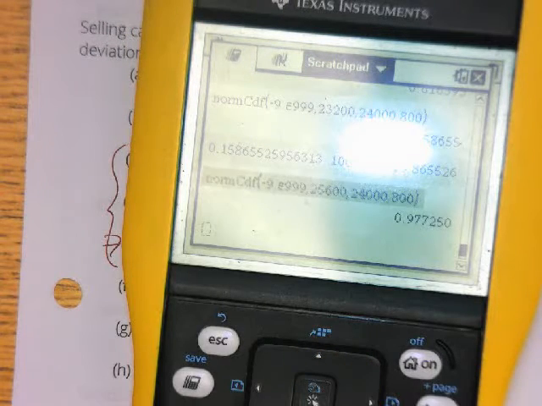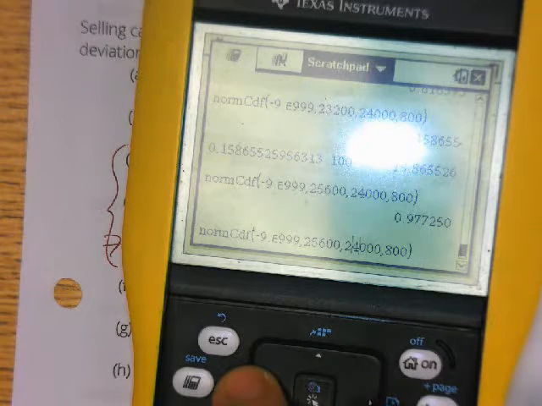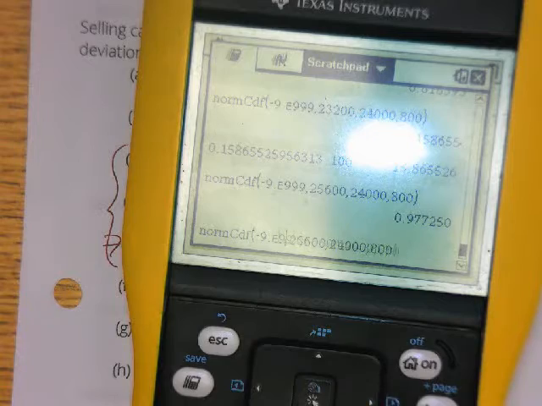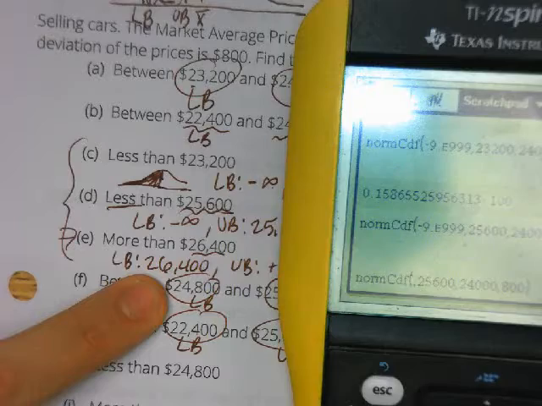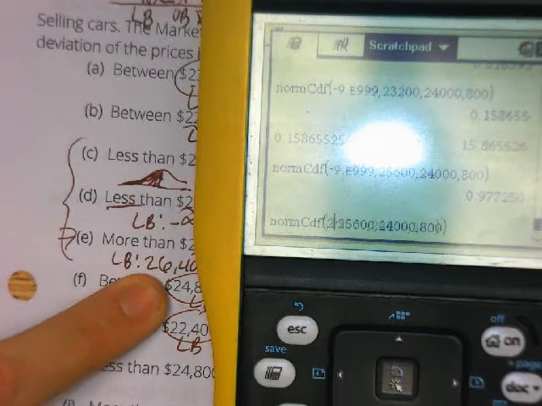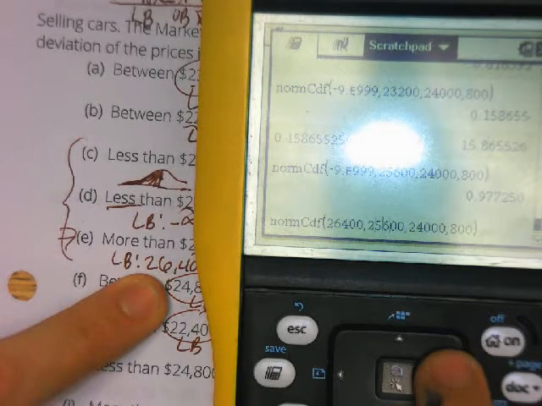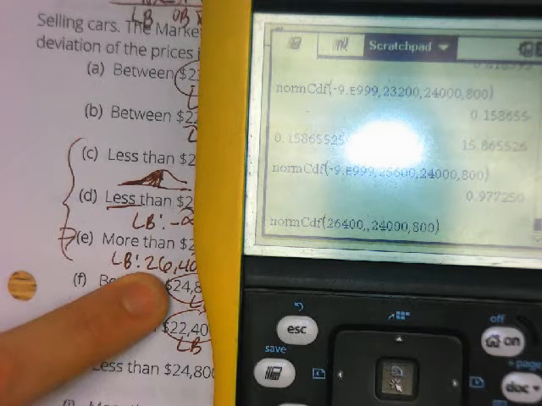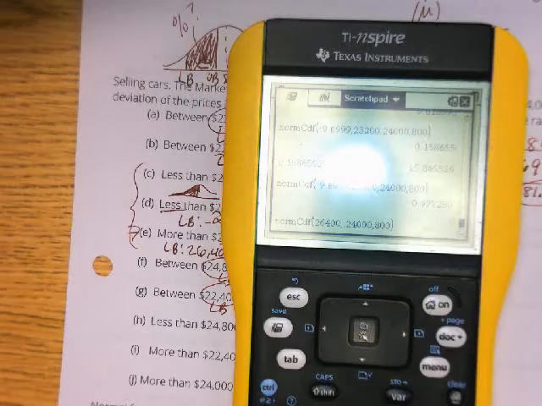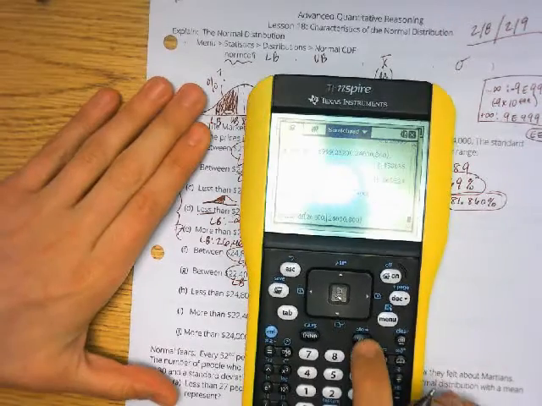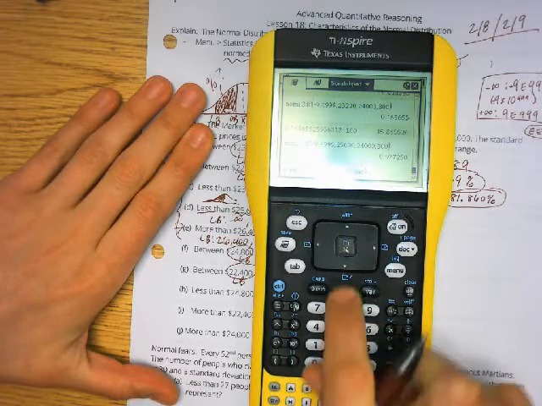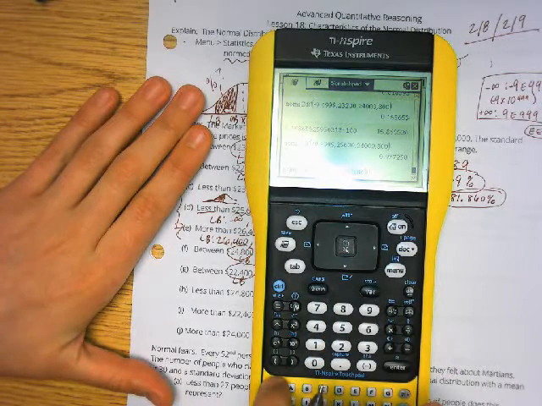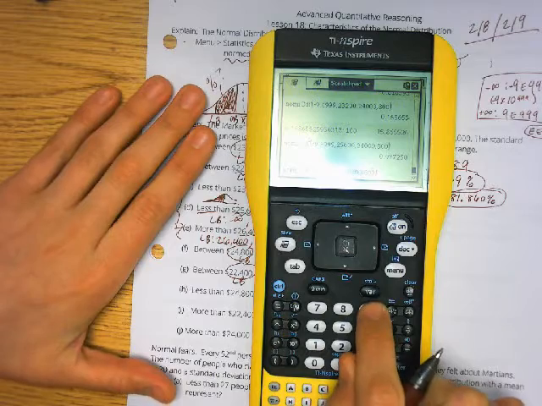So let us change the numbers. Our lower bound, I already forgot, 26,400. My upper bound is positive infinity. So positive infinity, I'm going to do, let me zoom out. I just want you to pay attention to my fingers right now, and then I'll show you the screen later. So I'm going to do 9E999.